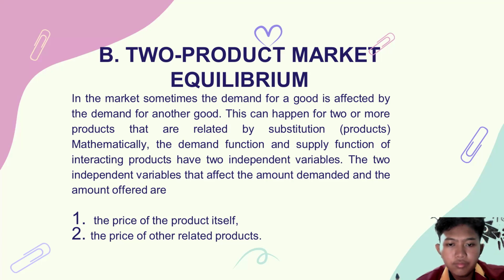Mathematically, the demand function and supply function of these products have two independent variables that affect the amount demanded and the amount offered: number one, the price of the product itself; number two, the price of the other related product.